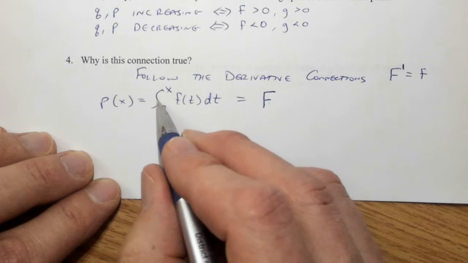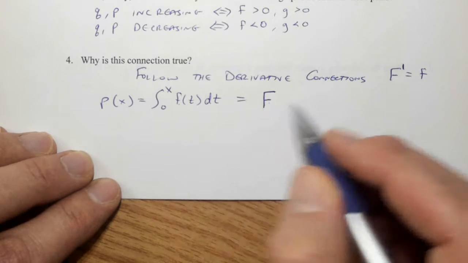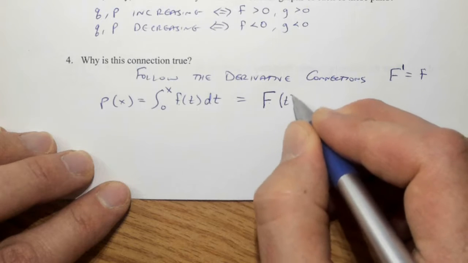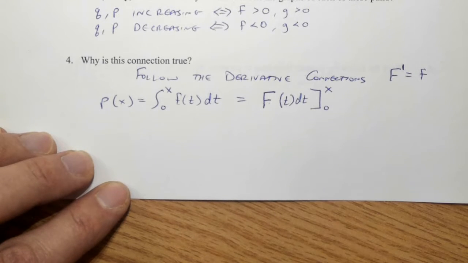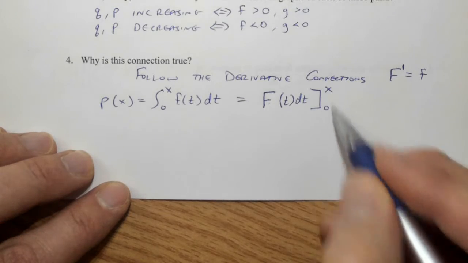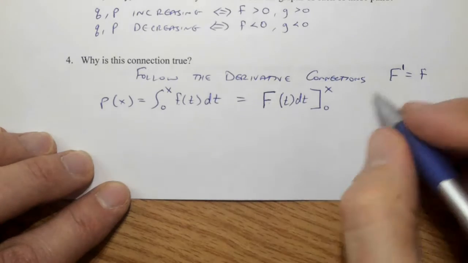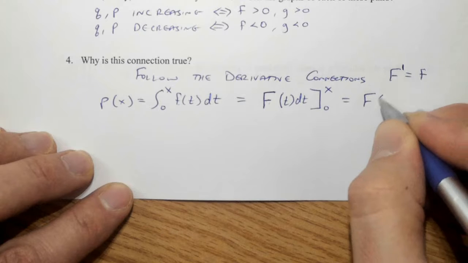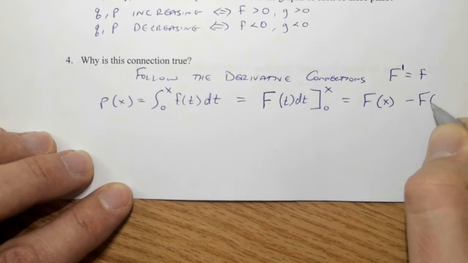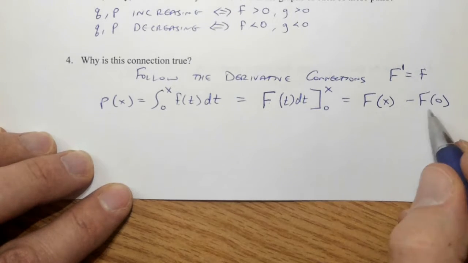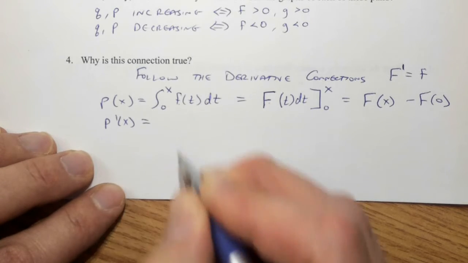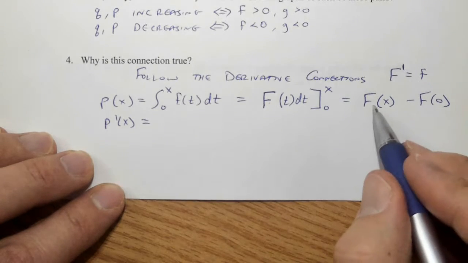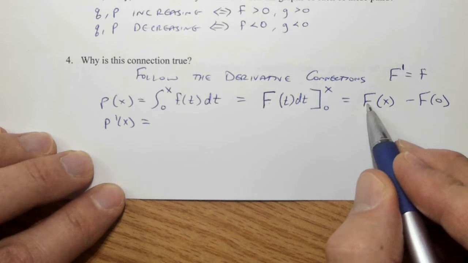That's what's happening right here. We're taking the antiderivative of little f, we get big F of t dt. And that's being evaluated from 0 to x. Which one of these do we plug in first? Yeah, the x. So this is big F of x minus big F of 0. That's what p of x is equal to. But we want p prime of x. Well, when we derive this, we're going to take the derivative of big F of x.